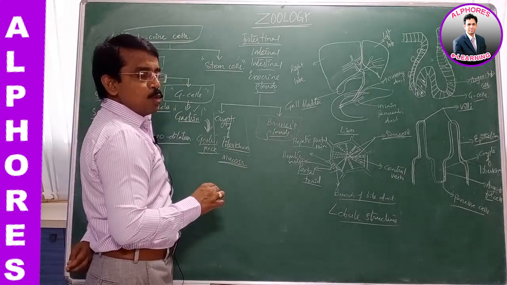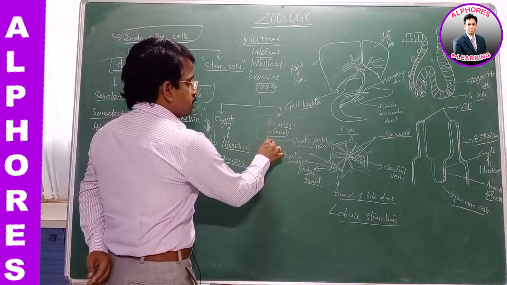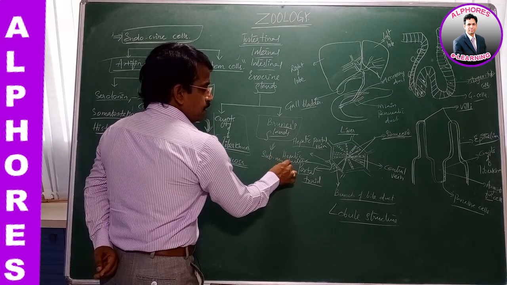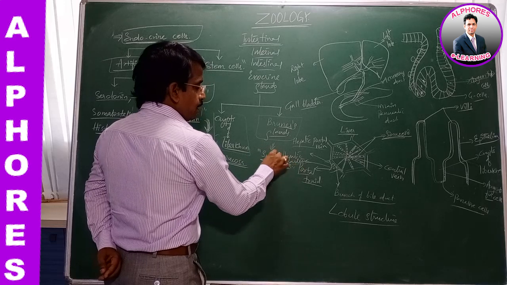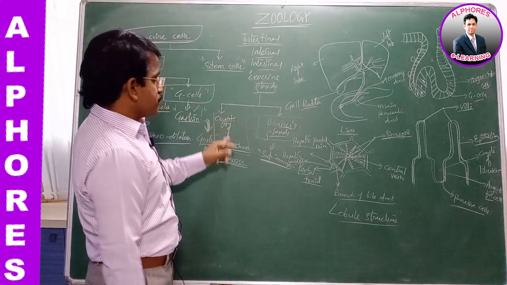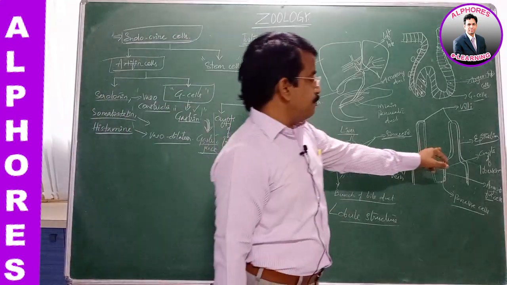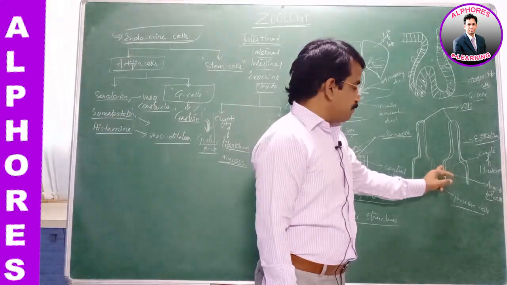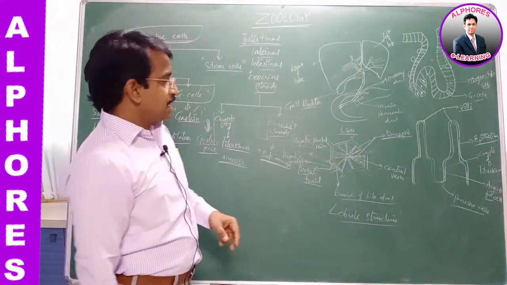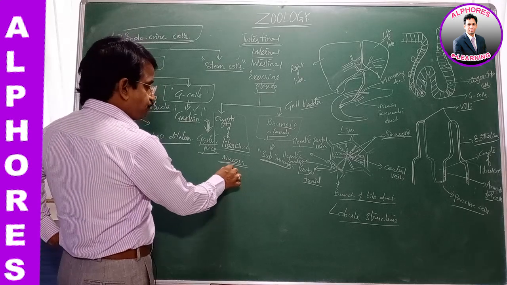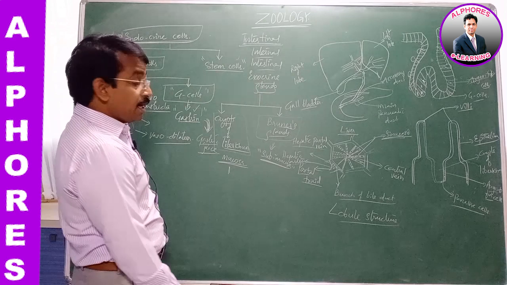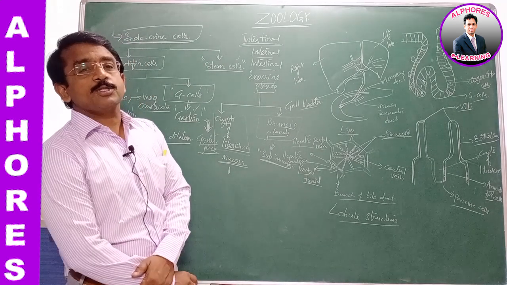Crypts of Lieberkuhn are in the mucosa region, whereas Brunner's glands are present in the submucosa. This is the reason why we say they are submucosal glands. The crypts of Lieberkuhn lie in between the villi, hence crypts of Lieberkuhn. They are present in the mucosa region and secrete the intestinal juice.